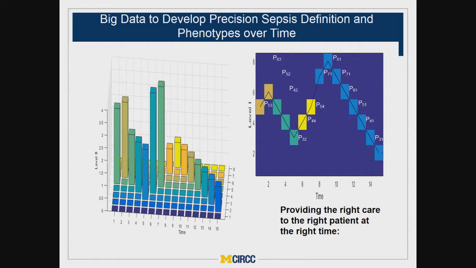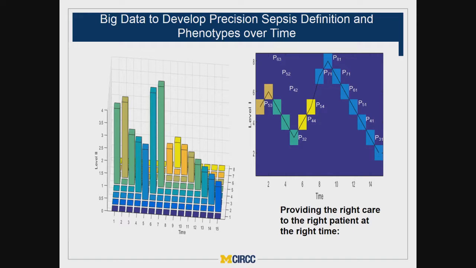My last slide is using this for phenotype. So basically, we're identifying phenotype. Going back to the sepsis definition here, anything that has a syndrome name attached to it is bad, right? Sepsis right now is what we say it is. We really don't know what we're treating, but there are probably 10 different phenotypes in sepsis.